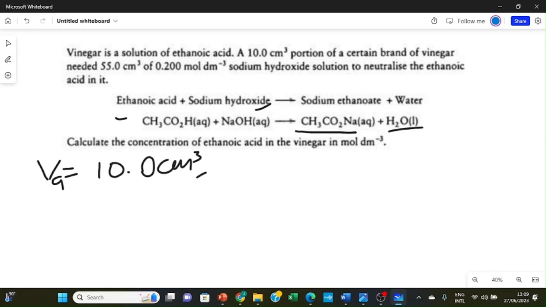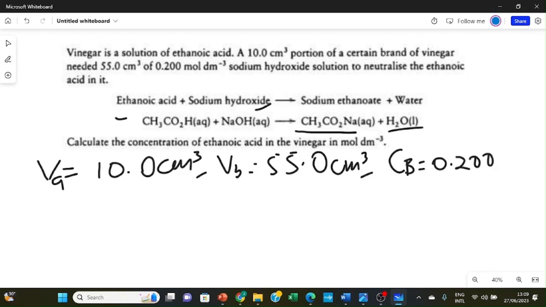It needed 55 cm cube of the sodium hydroxide, which is the base. Volume of the base is 55.0 cm cube. Concentration of the base is 0.200 mole per dm cube. We're asked to calculate the concentration of ethanoic acid in the vinegar in mole per dm cube.